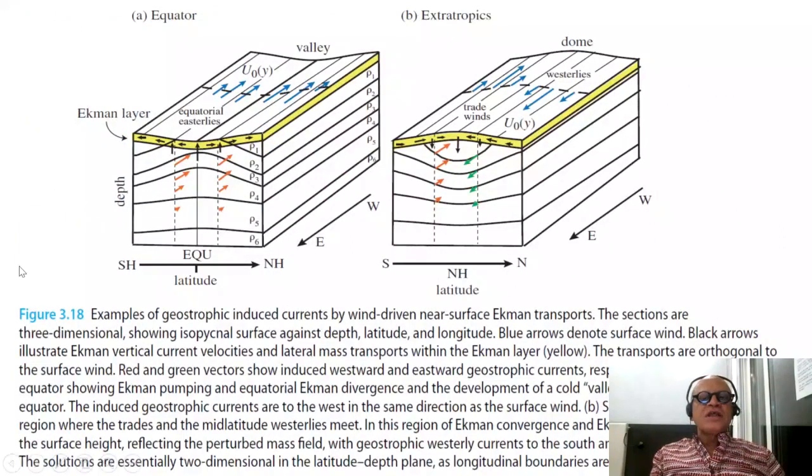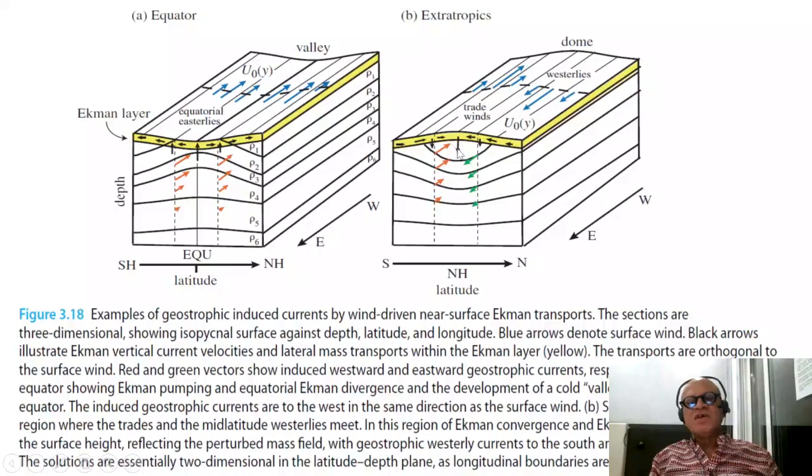The other big things to look at, of course, are the equatorial and extratropical circulations. In the equator, we talked about equatorial easterlies dragging water away from the eastern coasts. So you have the Ekman layer here and the Ekman divergence. So you have Ekman upwelling, and you have doming up of the isopycnals, doming down of the sea surface, whereas in the subtropical gyre you have doming down because of the trade winds and the westerlies creating the wind stress curl.